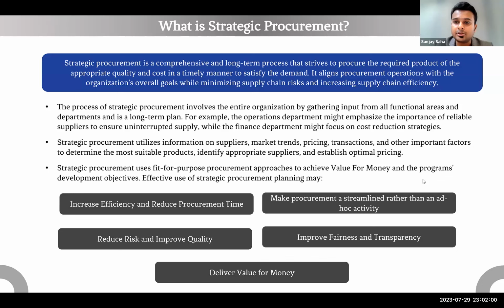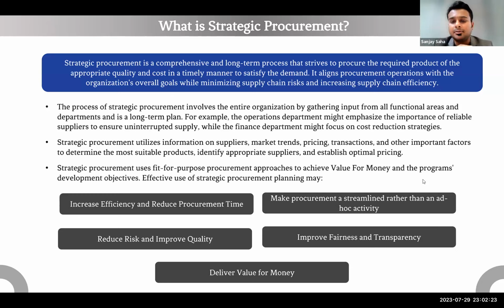So one, we need to procure the products in the desired quantities, in the desired quality, at the right cost based on the budget we have, and in a timely manner as well. Because if procurement is late, then everything after that gets delayed as well.